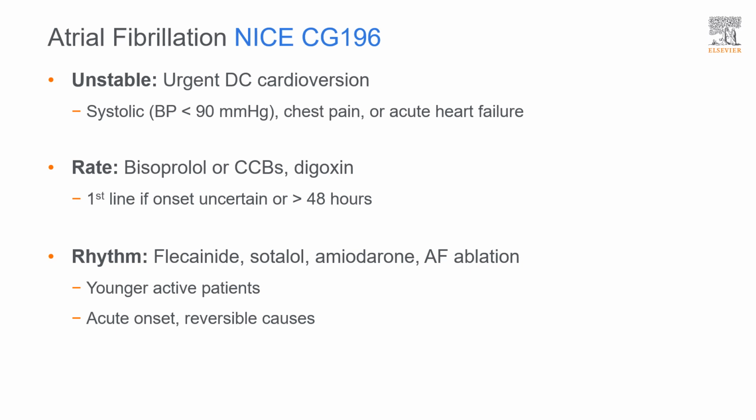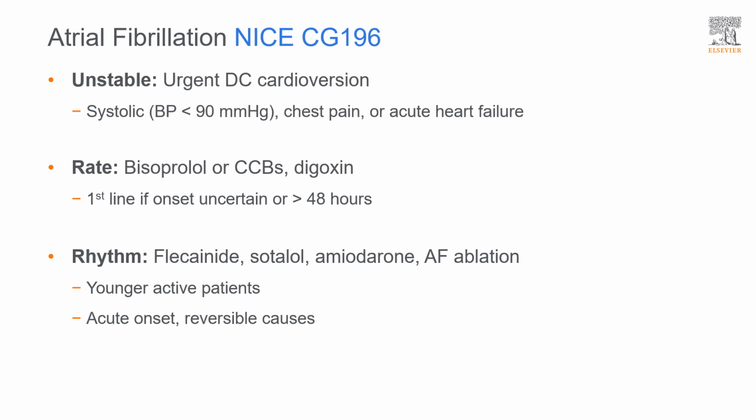What about rhythm control? Now, rhythm control is normally considered for younger, more active patients with a clear onset of AF within the last 48 hours. So we're talking about chemical cardioversion that can be attempted, such as flecainide, the pill-in-the-pocket approach, sotalol, or amiodarone. But flecainide should be avoided in patients with ischemic or structural heart disease, and sotalol or amiodarone should be used instead.